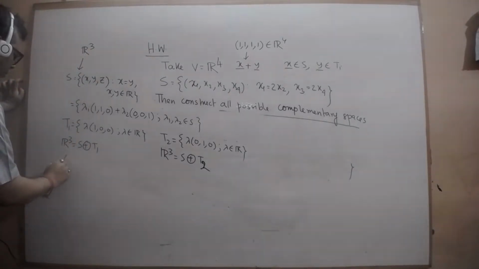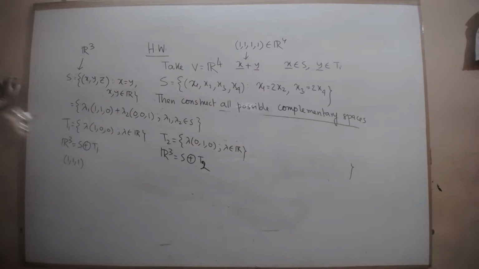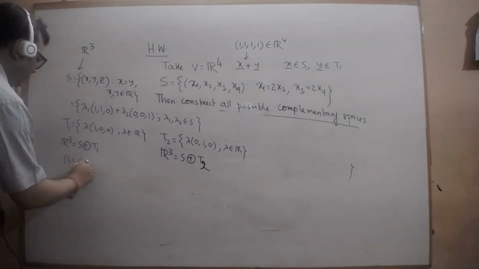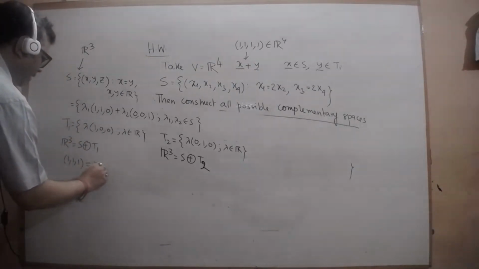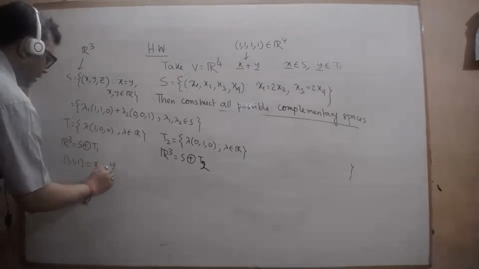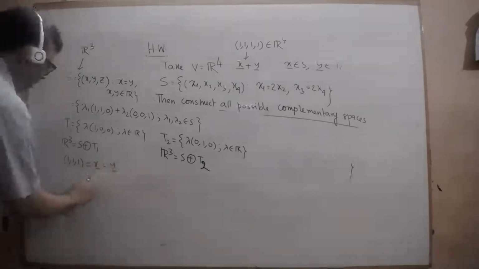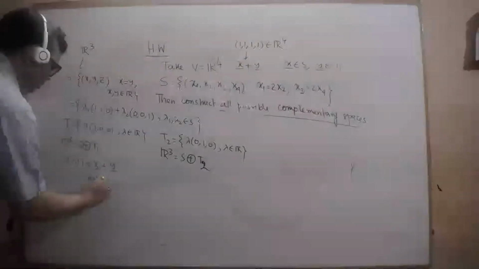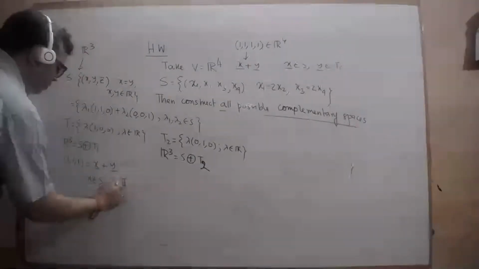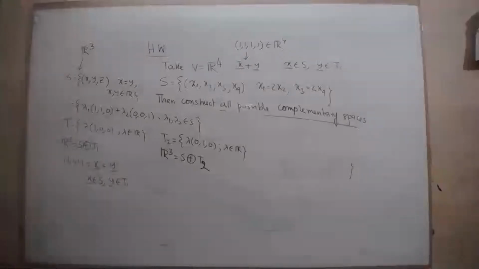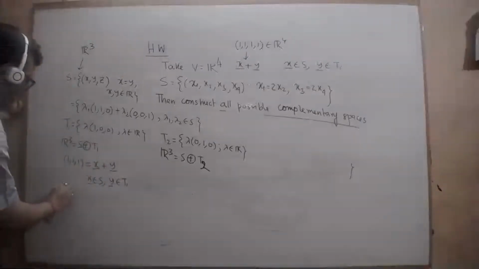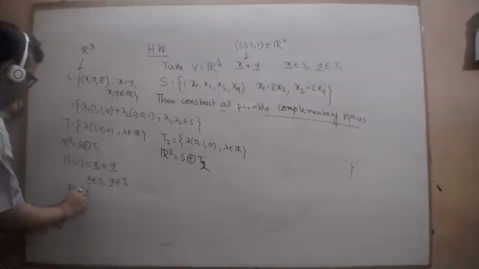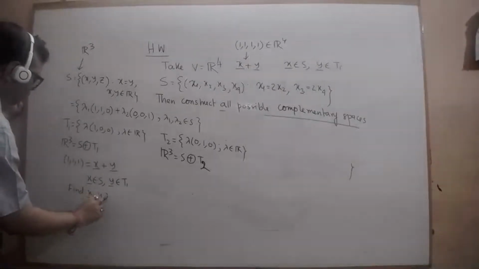Now suppose you take a vector (1,1,1), then you write (1,1,1) as a linear combination of the vector x plus y, where x belonging to S, y belonging to T1. So the problem is to find x, y.